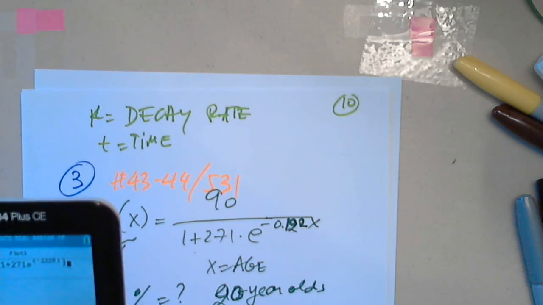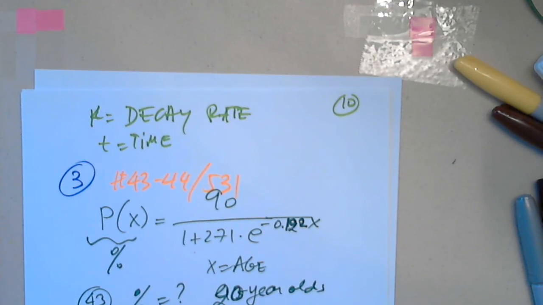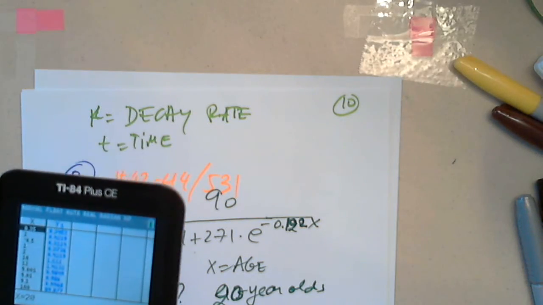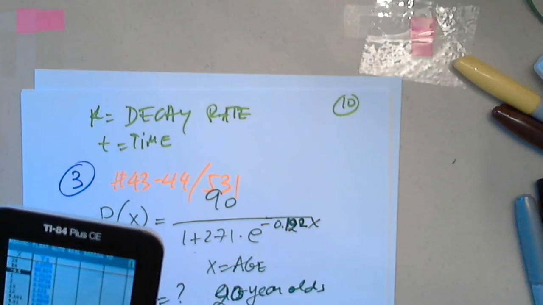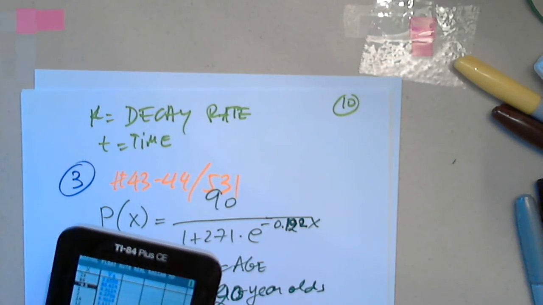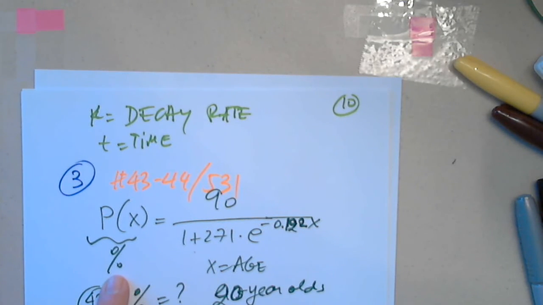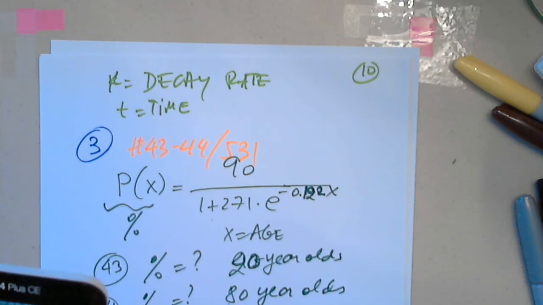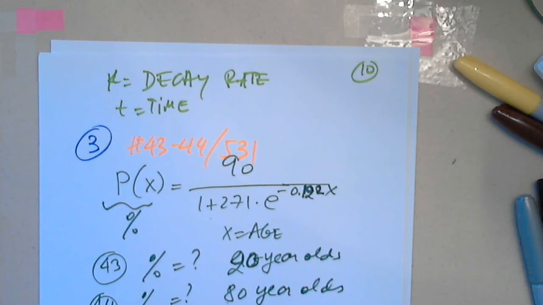Okay. Yep. So now we go to second and table, and I'm going to plug in 20, press enter, and I'm going to plug in 80 and press enter. And here are my answers. 3.7, this is percent, that's the measurement unit. And for 80, look at that, 88.6.